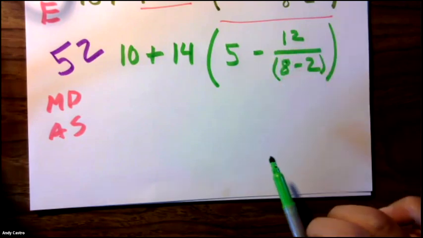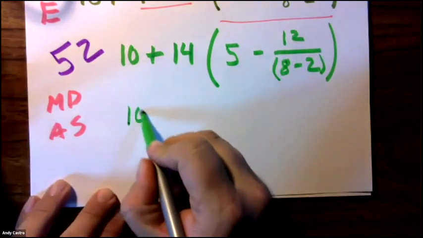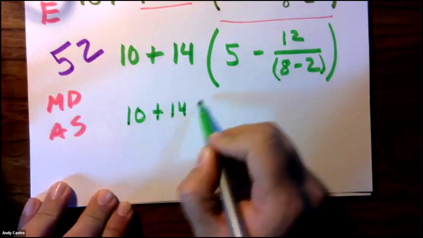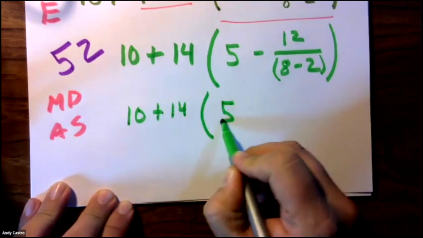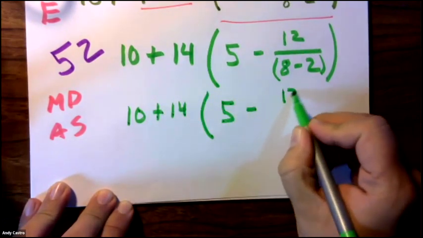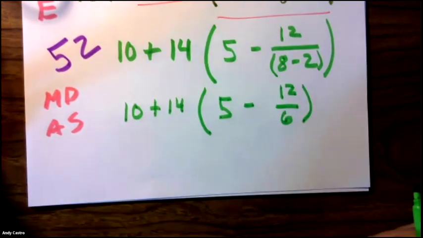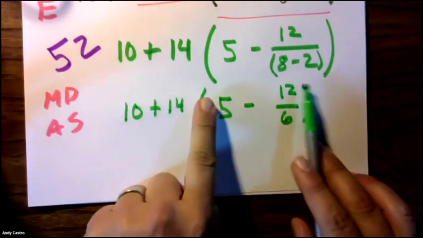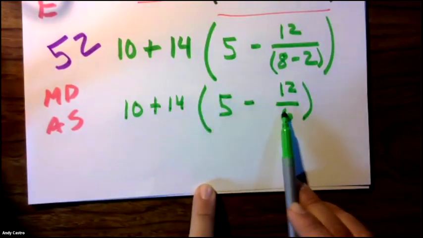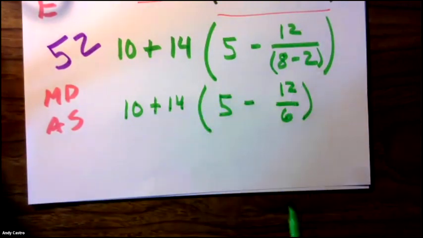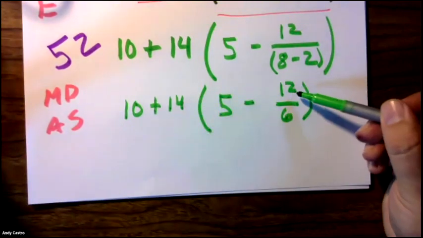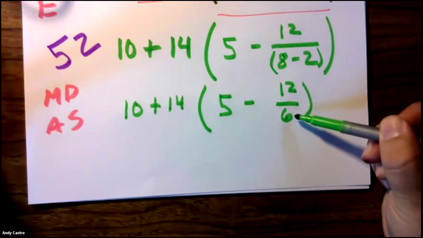So the 8 minus 2 gives me a 6. Now I still have parentheses, with subtraction and division. My division is what I need to do next. 12 divided by 6 is 2.